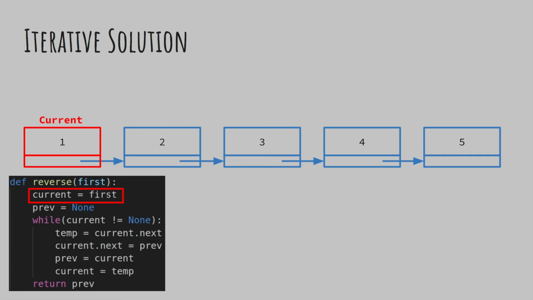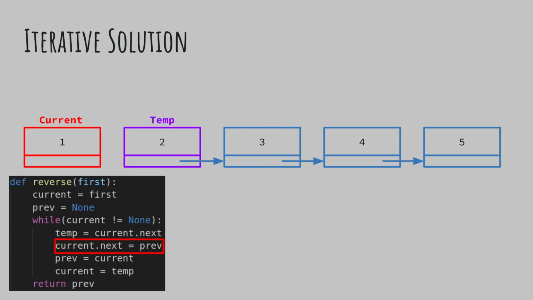So I will now explain this with an example. Initially, the current node will be the first node of the linked list, and the current node has no previous node, so we will say that the previous node is None. We will then save the next node in a temporary variable, and we will let the current node point to its previous node.